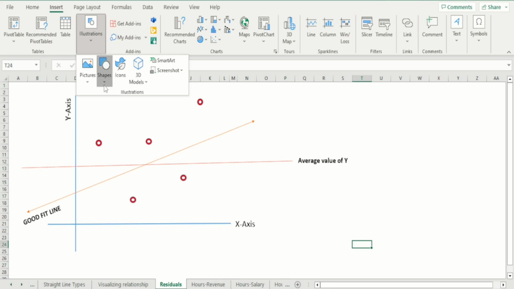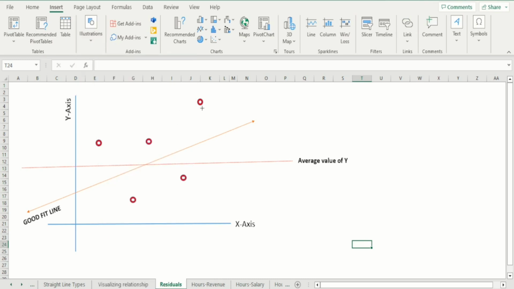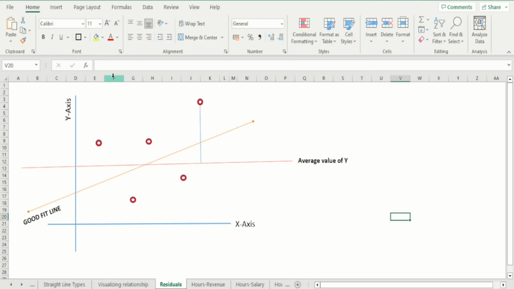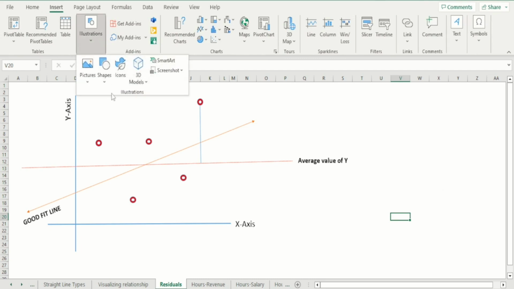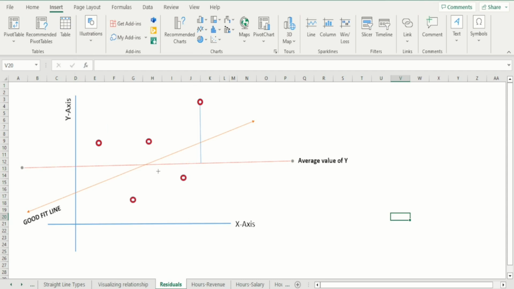To understand that, let's first of all understand the total variance. So for this data point, for instance, this is the variance that we have from the average value of y. Let's take another example here. Similarly, for this data point, this would be the variance from the average value of y.